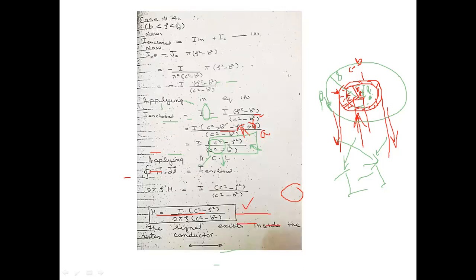Now the fourth case, for example, we will have a point of observation somewhere in between B and C. So where will be that location? That location will be here.